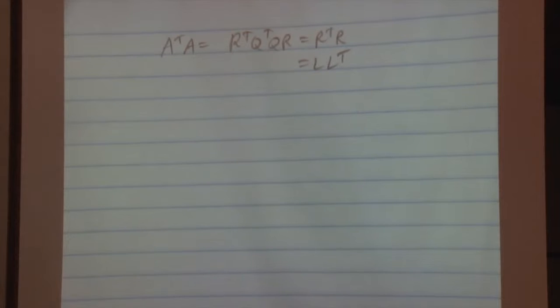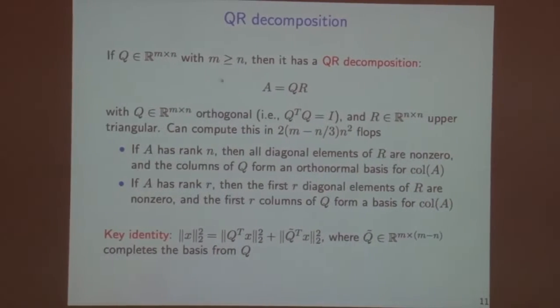So if we have the QR of A, I know a Cholesky for A transpose A. The computational cost is similar. Here it's on the order of n squared flops, but if A was square, that would be n cubed flops, because we can compute a QR factorization for any rectangular matrix.